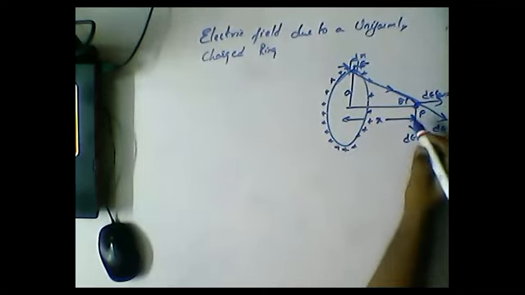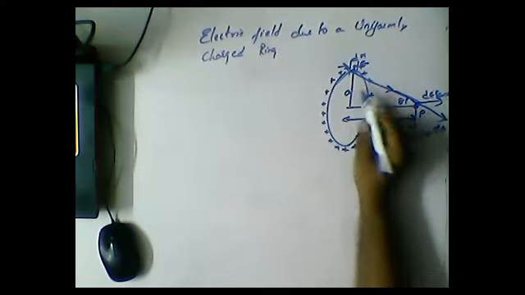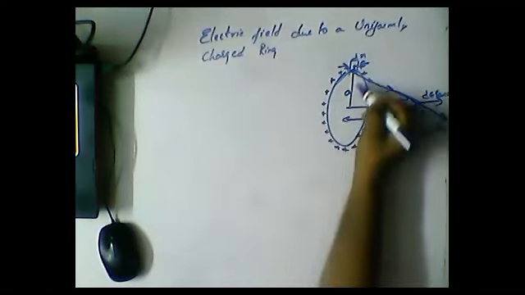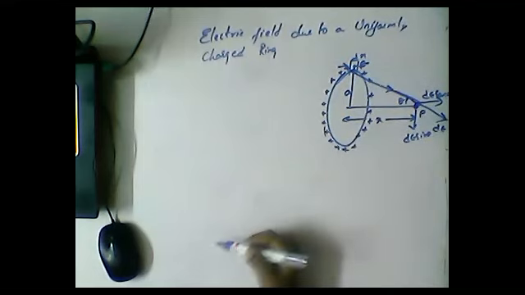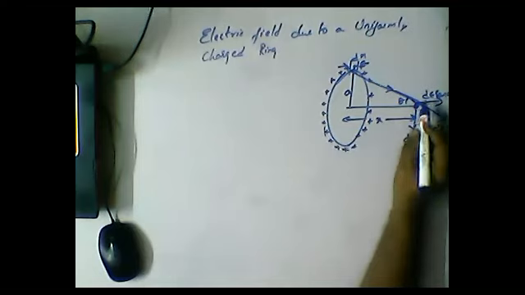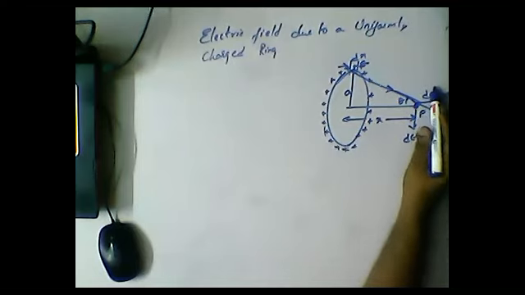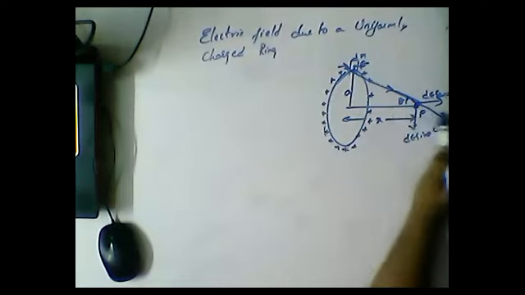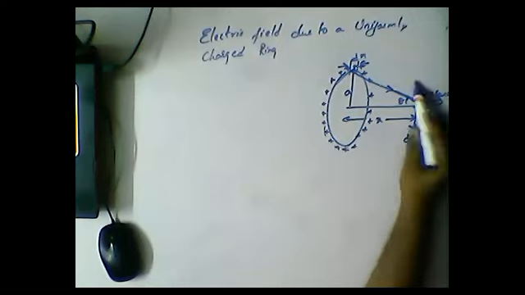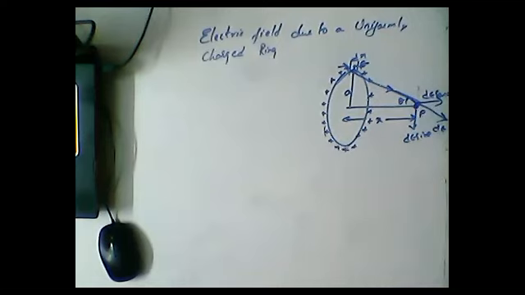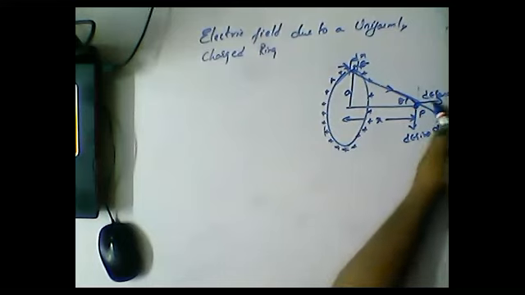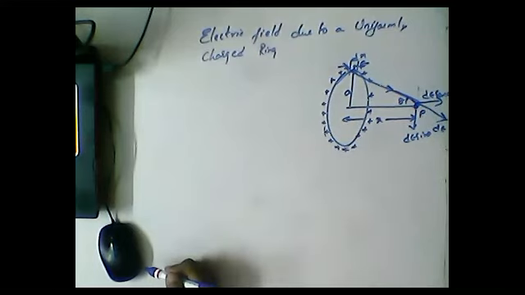Due to line of symmetry, the vertical components cancel each other, and the only thing left is dE cos theta. So the electric field will be along only the horizontal direction. Vertical components will cancel out.